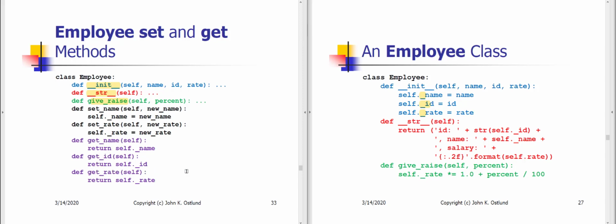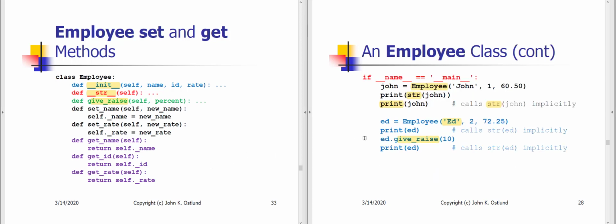And so we hope that someone using our class will now be respectful, and instead of going in and directly accessing _name, _id, and _rate, they will call the set and get functions. And they will take the hint that because there is no set ID function, that means that an ID number for an employee should not be changed.